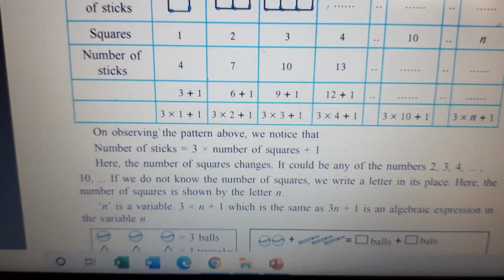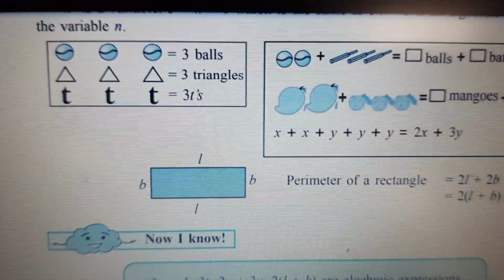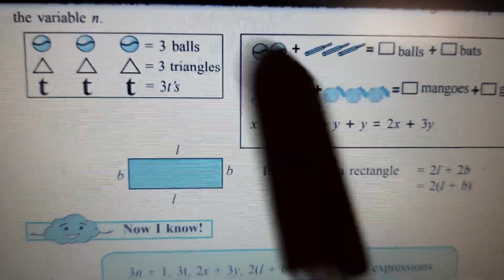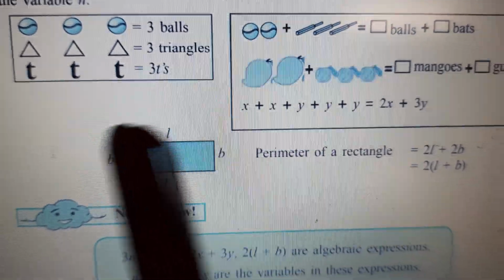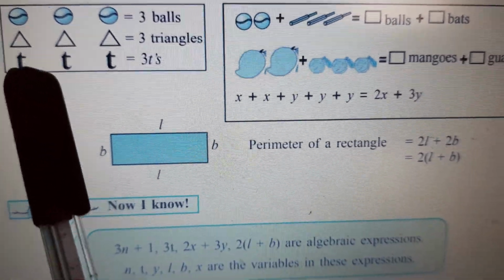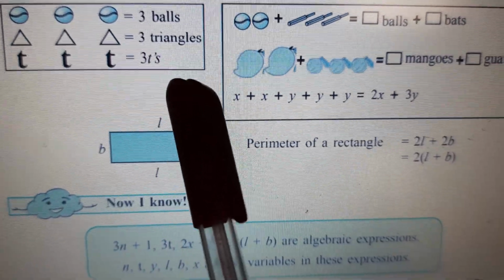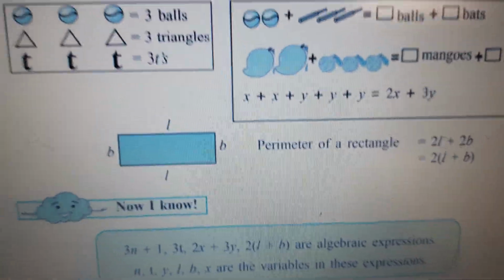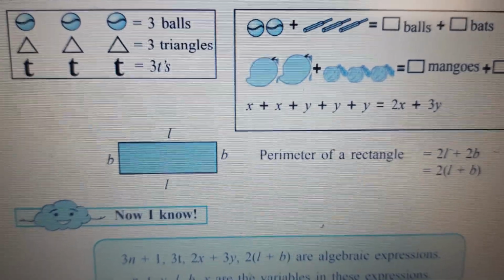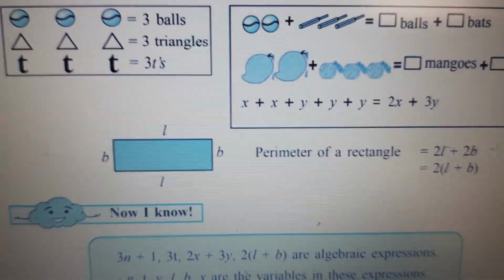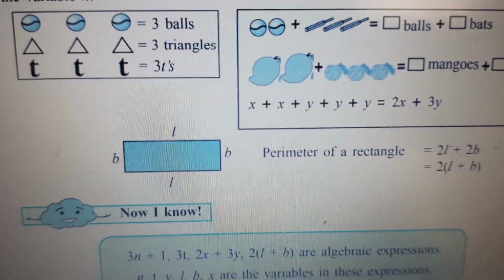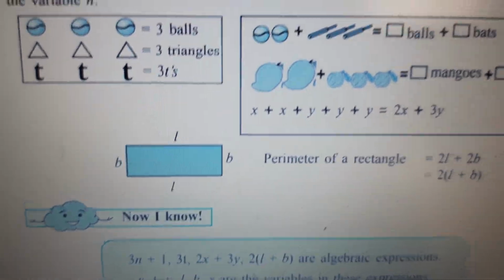Look at this figure. You can see 3 balls, 3 triangles. How many T's? Letter 1, 2, 3. So 3 T's. Just like we say 3 balls, 3 triangles, 3 apples, we say 3 T's. Okay, but here there is an apostrophe S to show you that there are 3 T's.